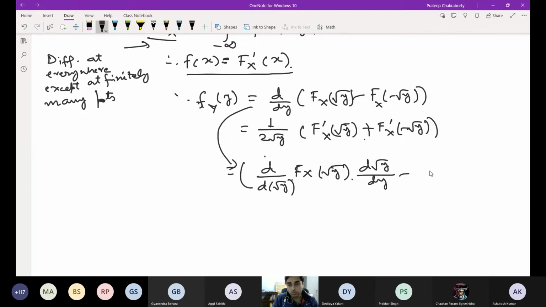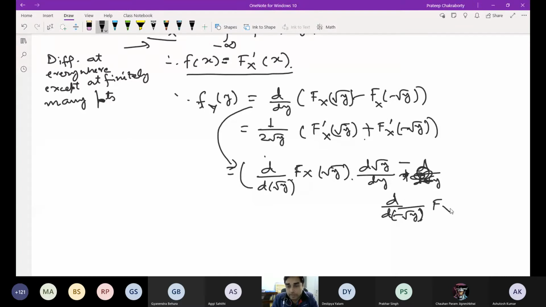This thing we know. Again, you want plus here. You just consider this −√y as some other variable, you can write this as z.